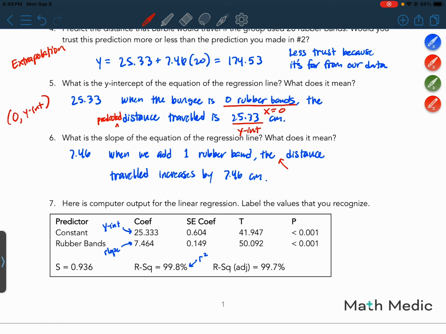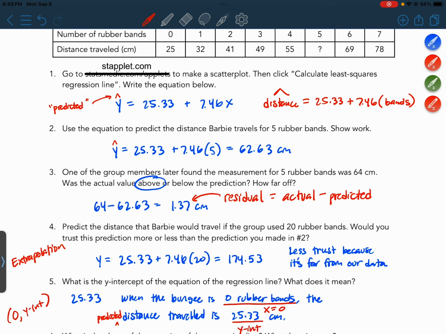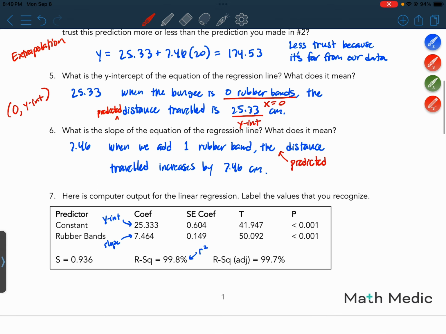Again, right, the main theme here is we're not really talking about distance, we're talking about predicted distance. Okay, anything related to this equation has to do with predicted distance. Okay. All right, so 7.46, that's the slope value.